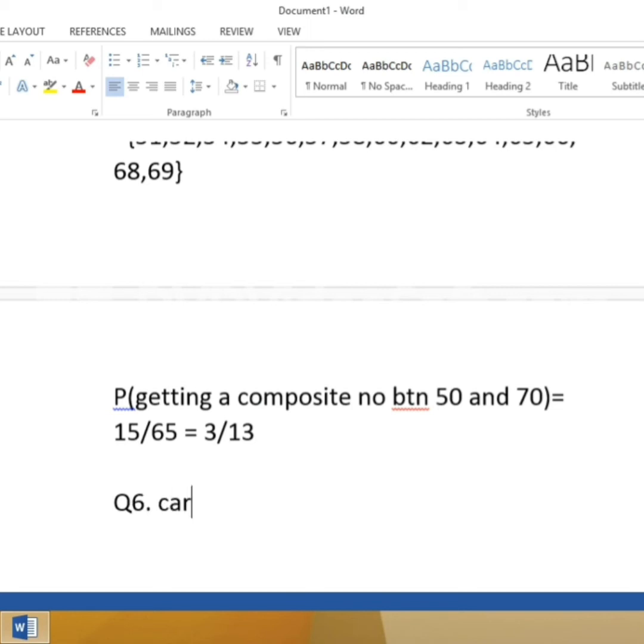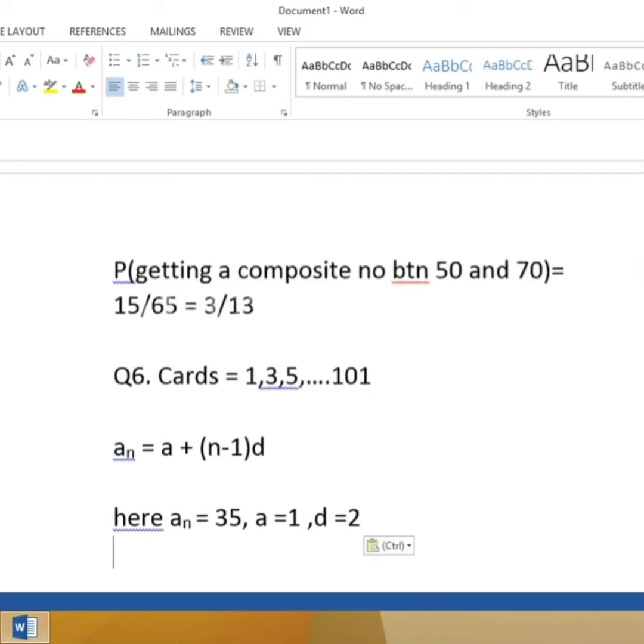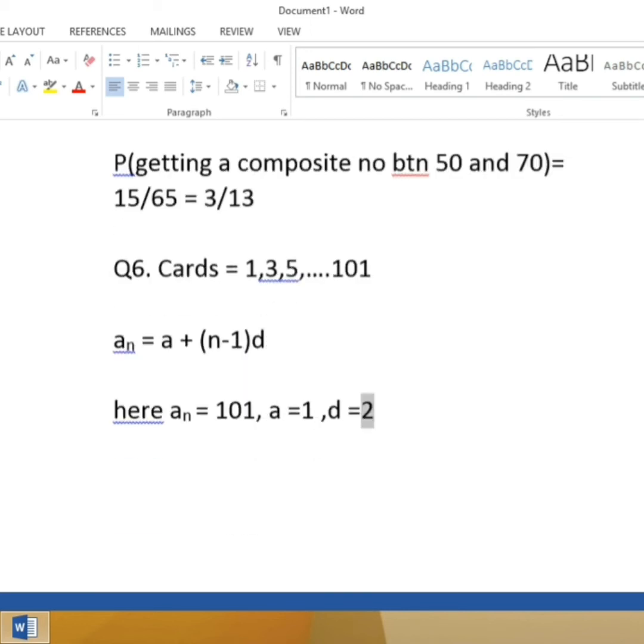Next, question number 6. The cards are in the pattern of 1, 3, 5 up till 101. So we know the last term is 101, the first term is 1, and the difference is 2 over here.